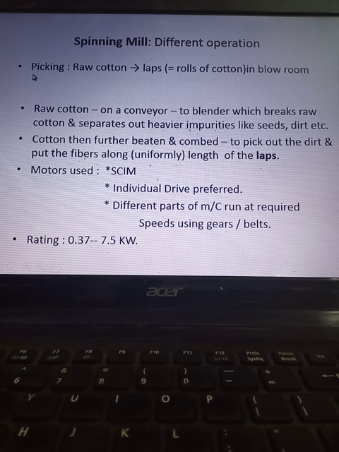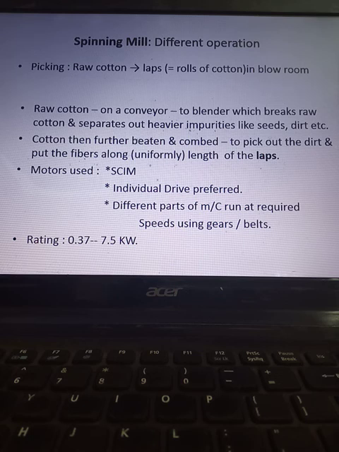The first one is picking, wherein the raw cotton from the field is converted into laps. What are these laps? Laps are the rolls of cotton, and this process is carried out in the blow room.